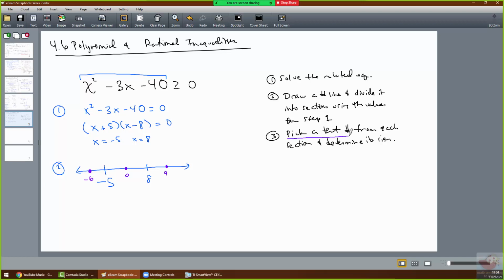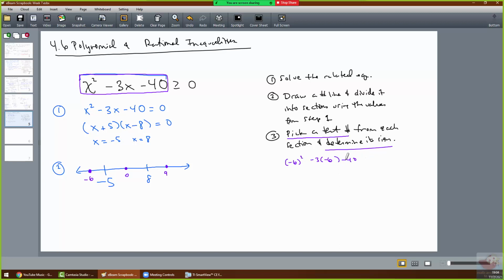We did this portion. Now as far as determine its sign, what that means is because it's already in standard form, we're going to replace all the x's in this expression with those numbers one at a time. Meaning if I do negative 6 quantity squared, minus 3 times negative 6, minus 40.